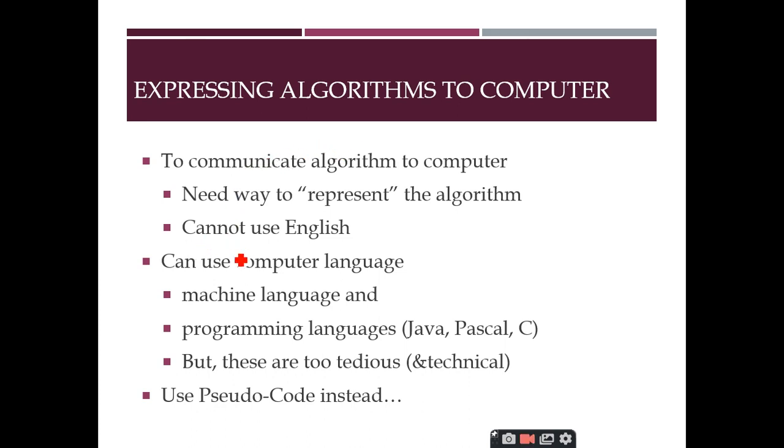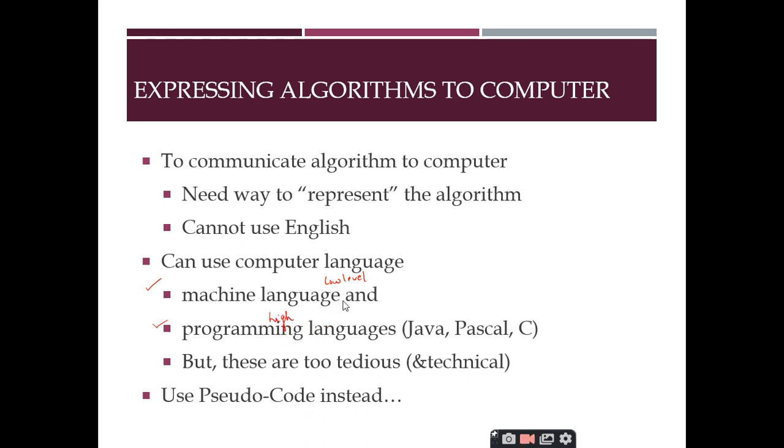In order to make the computer understand, we should make use of programming languages. We have seen three different programming languages, like machine language, which we can also call low level languages. Similarly, we have programming languages such as Java, Pascal and C, which we call high level languages.